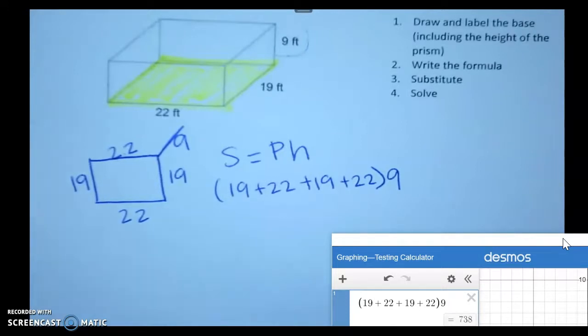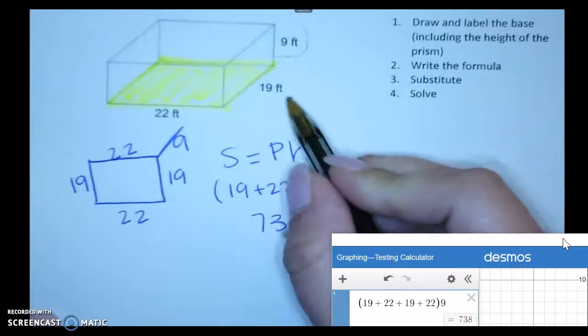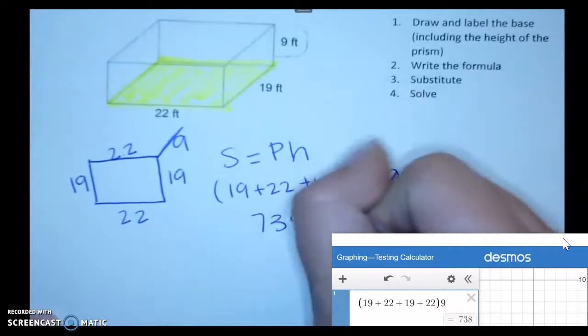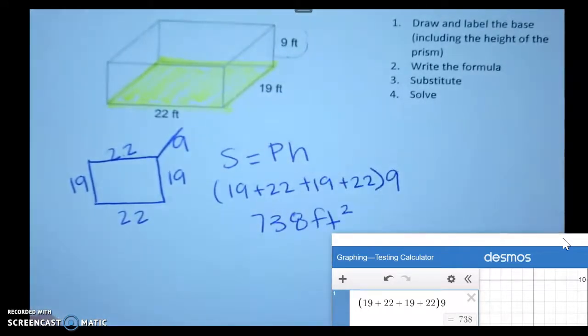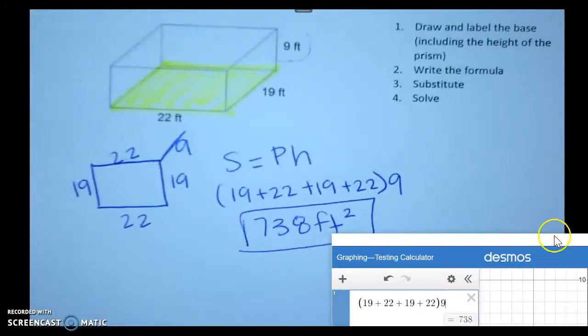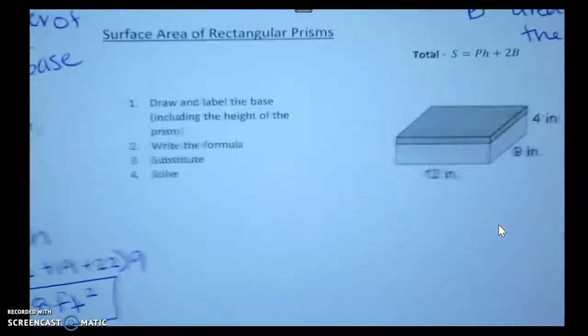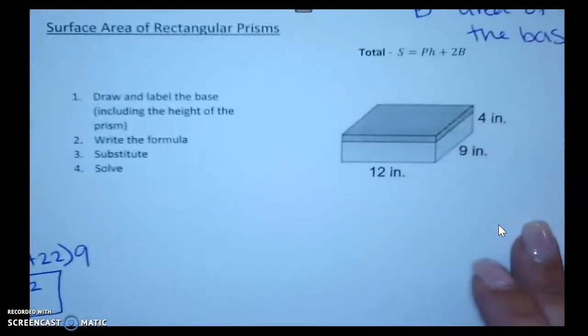And you see your answer is 738. Our unit is feet squared. Okay, so that's how you find the lateral surface area of a rectangular prism. All right, now let's move on to total surface area of a rectangular prism, okay?